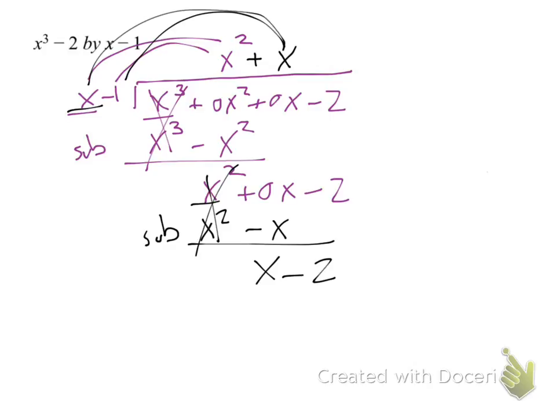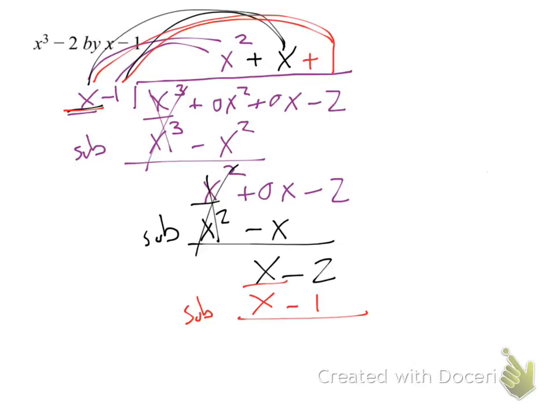And ask yourself, how do I make an x look like an x? Multiply it by 1. So 1 times x is x. 1 times negative 1 is negative 1. Subtract. Is everybody okay so far?